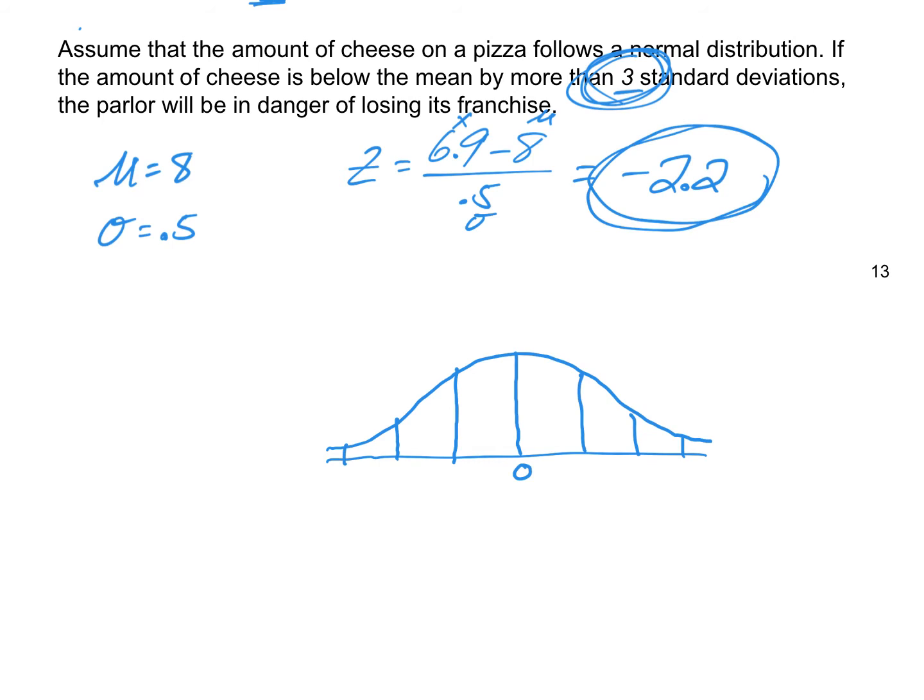Well, if this is -2, -2.2 is right here. Now, we need to find the area under the curve. That's our next step. The area under the curve, when I'm giving you a chart, I'm going to give you a standard normal chart, a standard normal table. It's going to give you the area to the left of whichever z-score you have. Always the area to the left.